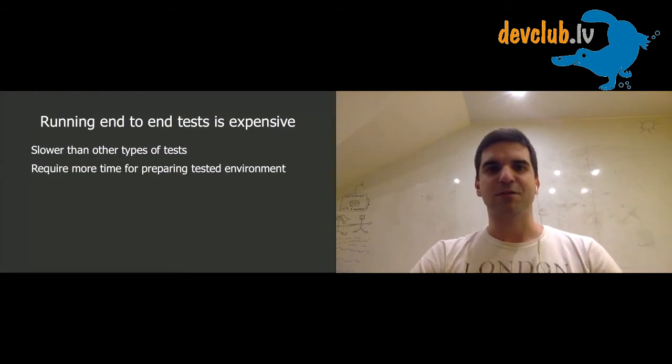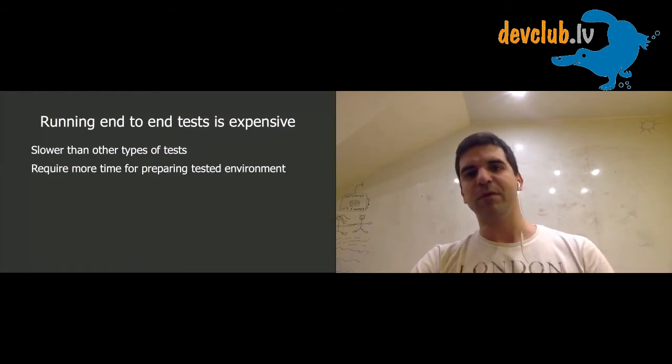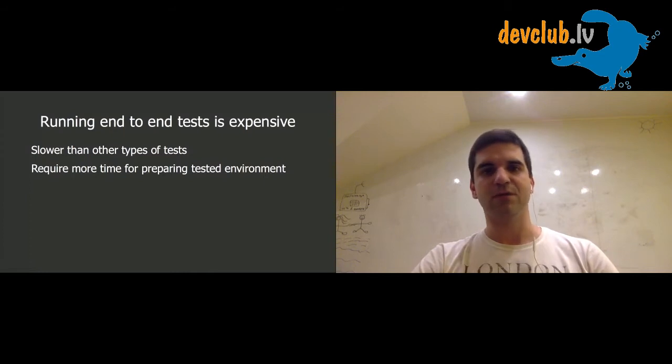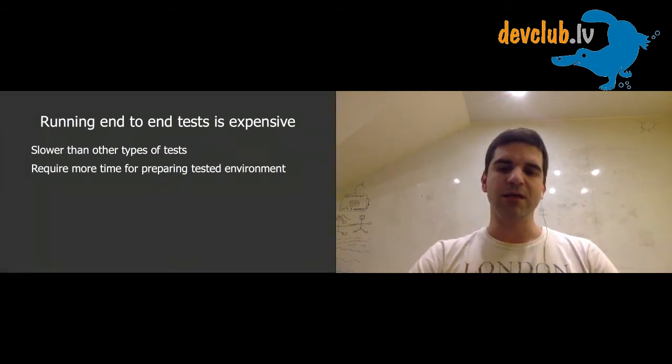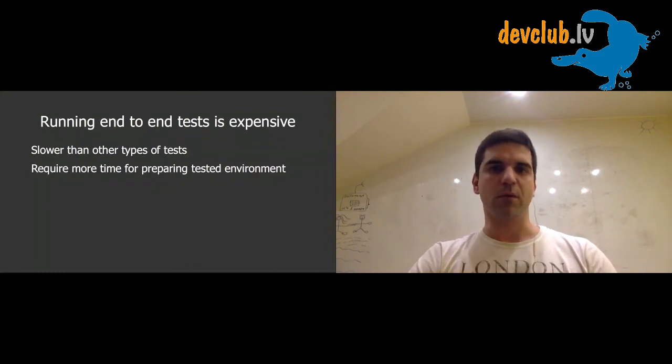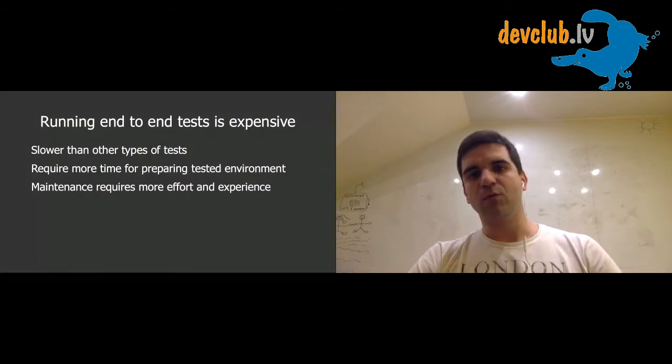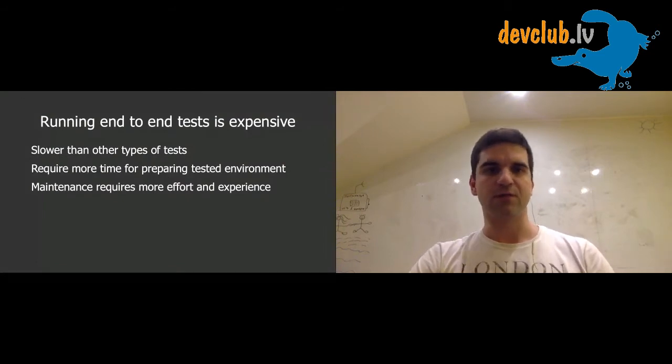Also, such end-to-end tests require more time for preparing a tested environment. So for end-to-end tests, you may need to launch a virtual machine or a container with a tested copy of your web application. Such tests usually require more effort and experience for their maintenance.